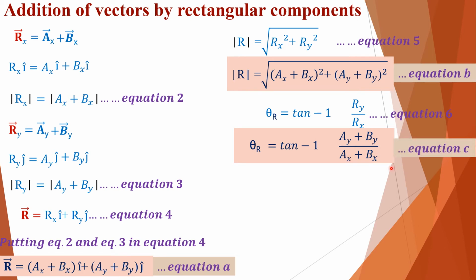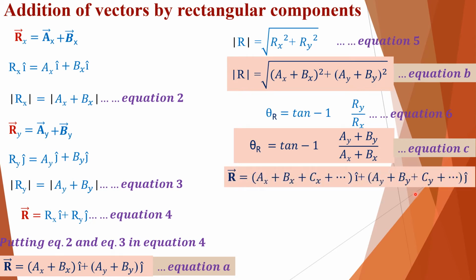We used head to tail rule for adding two vectors and we obtained equation A, equation B and equation C. The same procedure can be used for any number of vectors A, B, C, D, E, F up to N to get our resultant vector R. So for more than two vectors, equation A becomes R is equals to ax plus bx plus cx plus dx and so on into I cap plus ay plus by plus cy plus so on into j cap unit vector along y-axis.